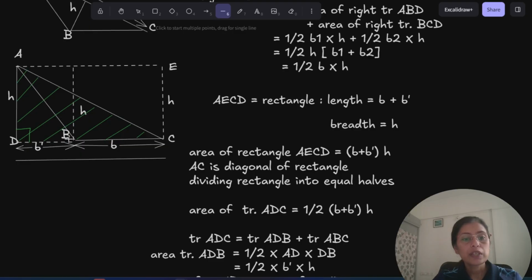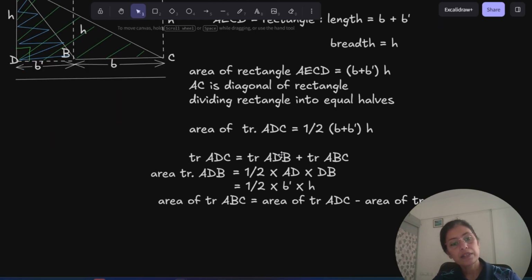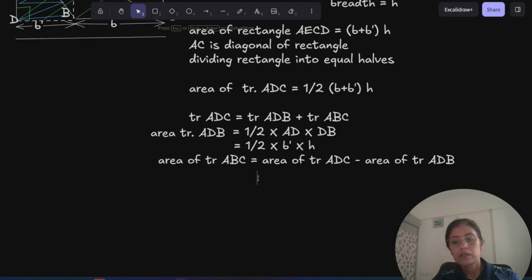Now, if you see from this, if I subtract this part, which I'm now going to shade with blue, right, which I shaded with blue, what did I get? I get the remaining part is the ABC. So in this case, area of triangle ADC was what we got here, this one. So I'll just write it down here.